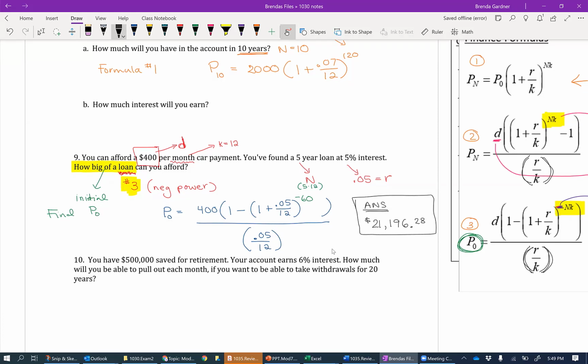And I'll tell you on the test too, if you can at least write down this so that I know what you tried to punch into your calculator. So let's say that you wrote this, the formula with all of the variables in it, and then you happen to punch it through incorrectly and got some answer like 5,672, right?